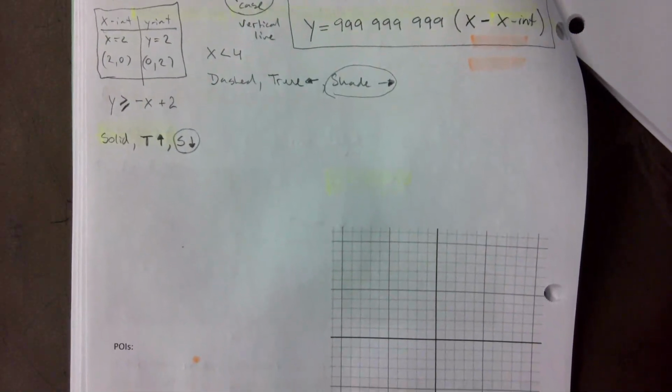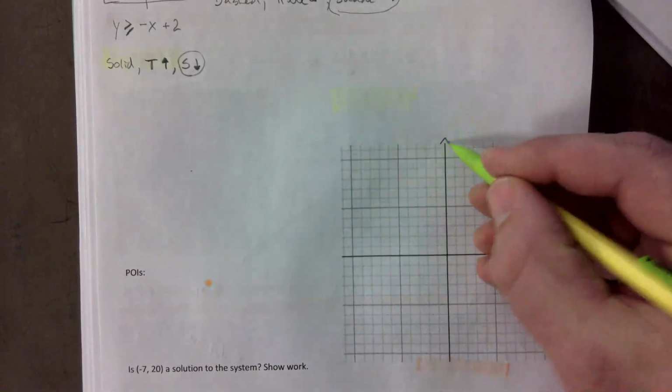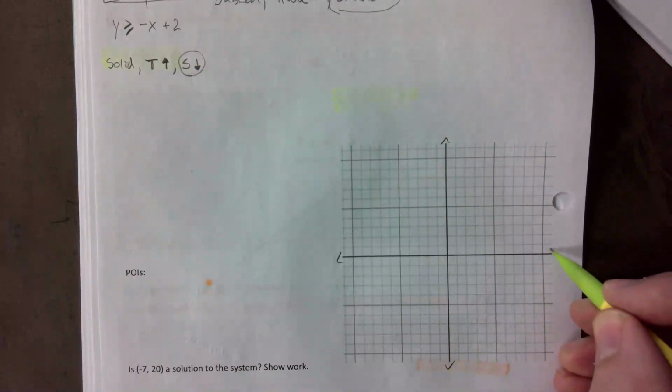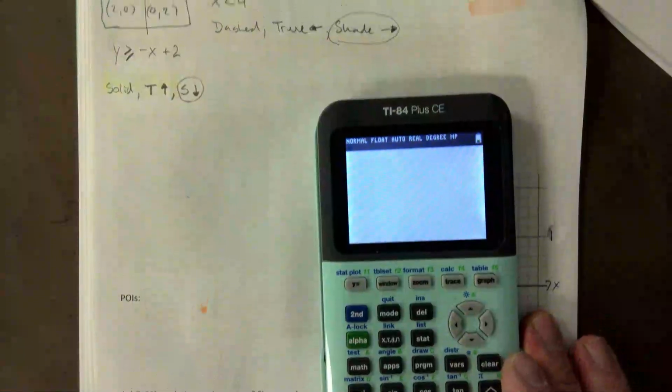So let's go ahead and make our scales and all of that. I'm going to put arrowheads all around x and y. I recommend you graph this on your calculator before you do it on your piece of paper. Strongly recommend you do that. So I'm going to take a moment to do that.